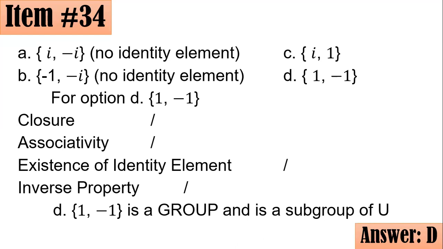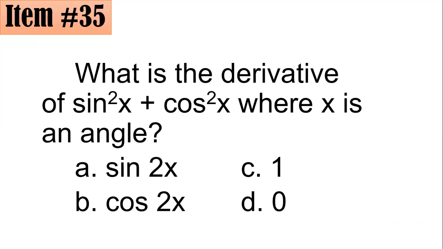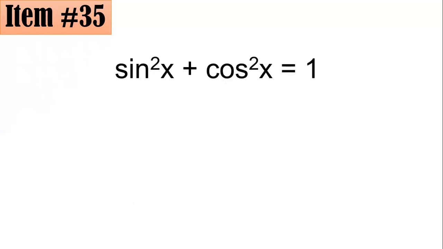Number 35. What is the derivative of sine squared x plus cosine squared x, where x is an angle? Is it sine 2x, cosine 2x, 1, or 0? If you can still recall your trigonometric identities, sine squared x plus cosine squared x equals 1.